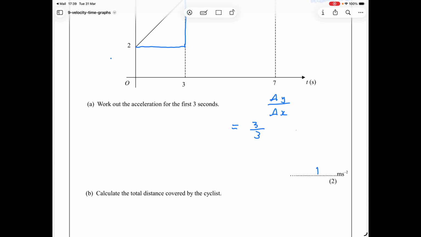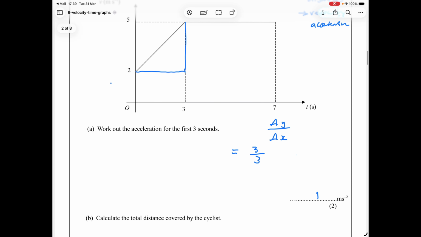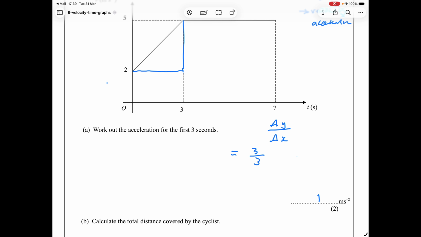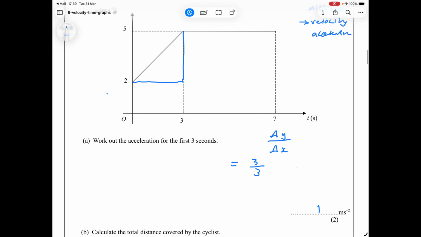Okay, calculate the total distance covered by the cyclist. What we do for that is we look at the area underneath the graph. We know this area here is between 3 and 7, so that's 4. 4 times 5 is 20 metres.